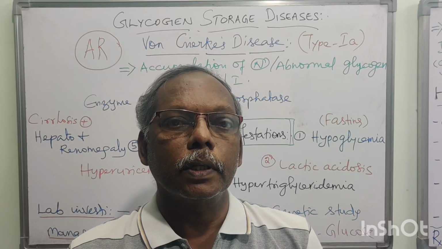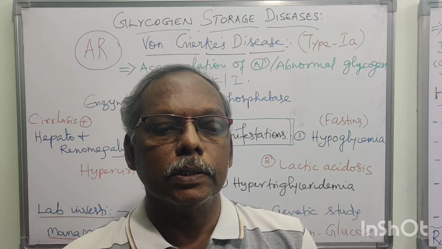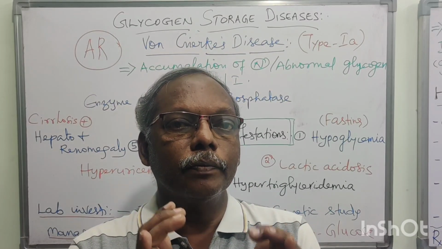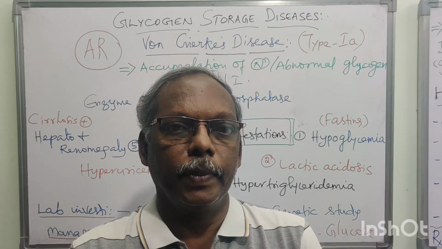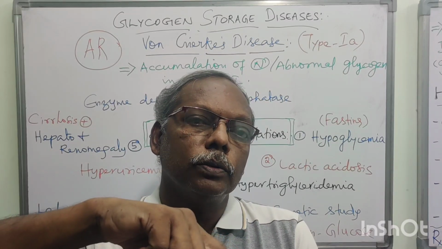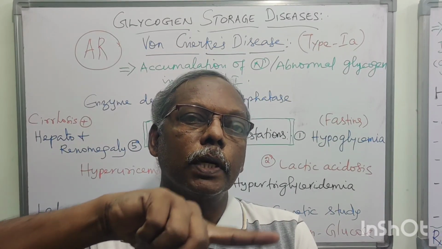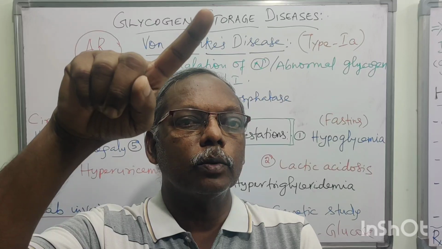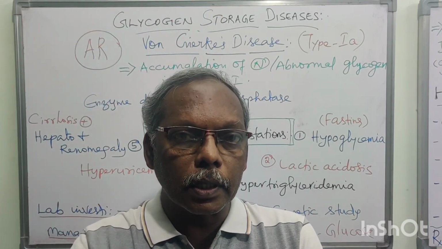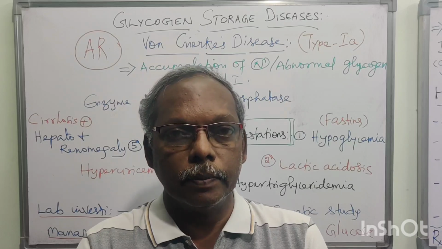So going to the glycogen storage diseases, you should go through the pathway or cycle of glycogen metabolism. How it starts from glucose, how glycogen synthesis, that is glycogenesis, will occur. From the glycogen, how glycogenolysis occurs.